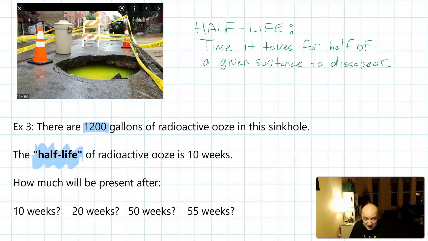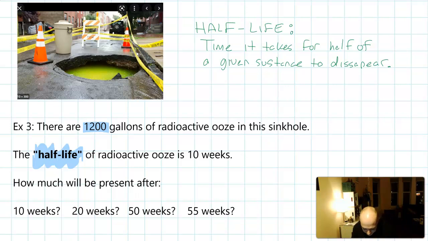If it's radioactive elements, they're actually giving off particles, so they're getting smaller. If it's water, it could be evaporation into the air. If it's drugs in your bloodstream, which is another thing that uses half-life, it could just be your body is processing that chemical and breaking it down. But we measure these all in units called half-life.